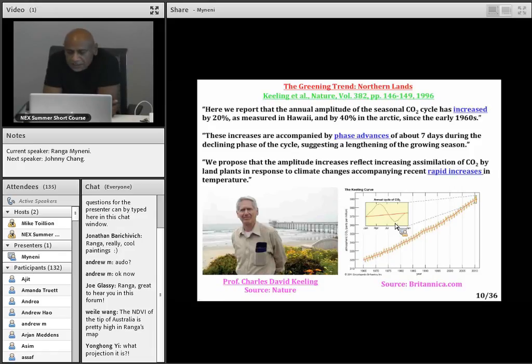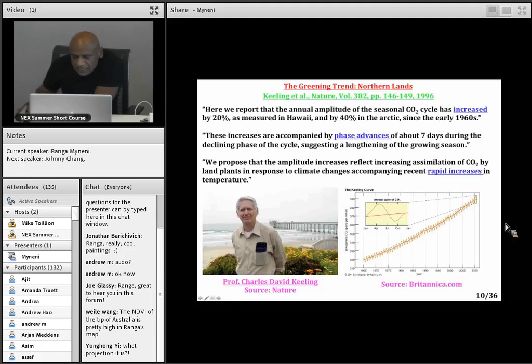And these increases are accompanied by phase advances of about 7 days during the declining phase of the seasonal cycle, suggesting a lengthening of the growing season.